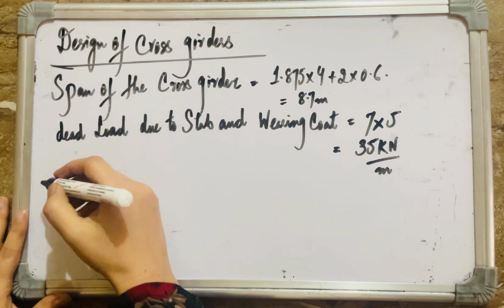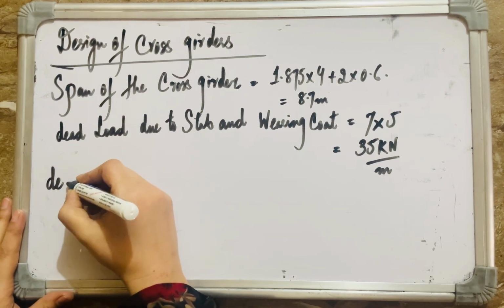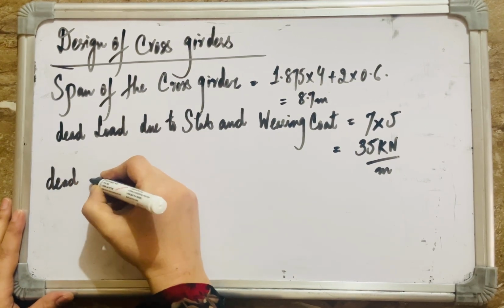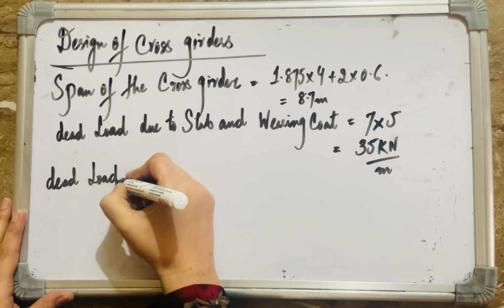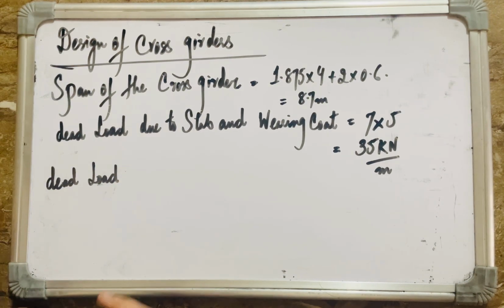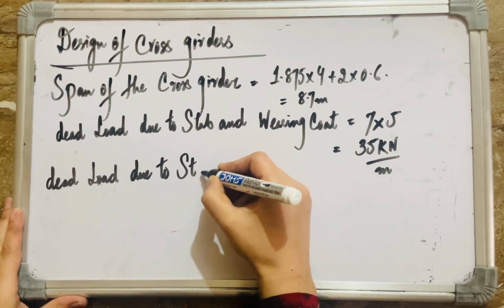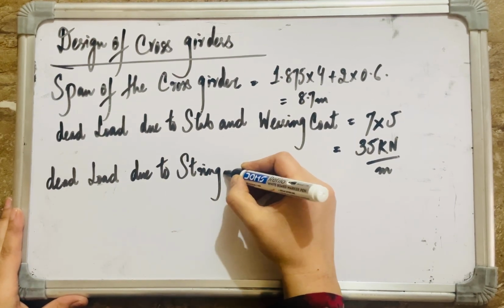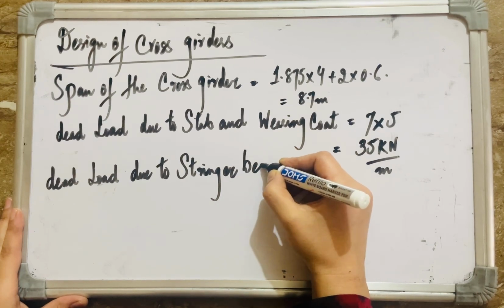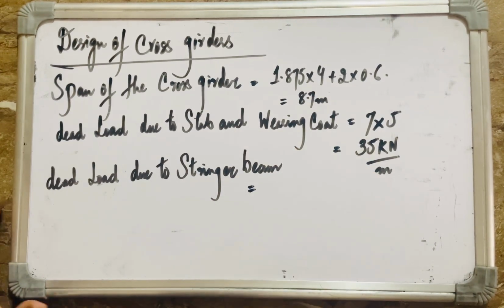In addition to the slab and the wearing coat, dead load due to stringer beams is also going to come on the cross girders. So how much is it? While designing the stringer beam, we assumed that the self weight of the stringer beam is 1 kilonewton per meter.